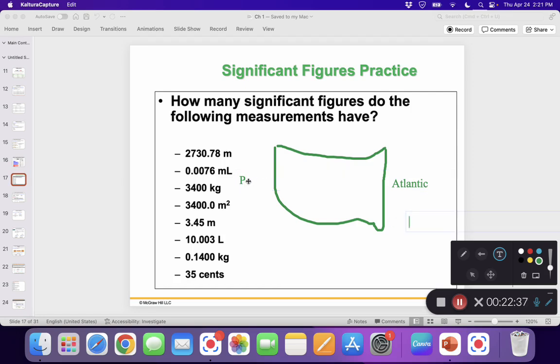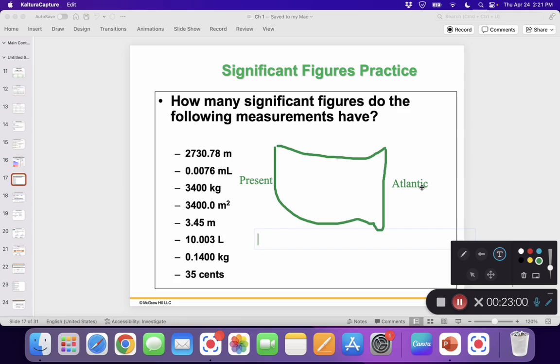So P is for present, so I'm going to write here present. And A is for absent. So A is for absent of something. What am I looking for in a number?